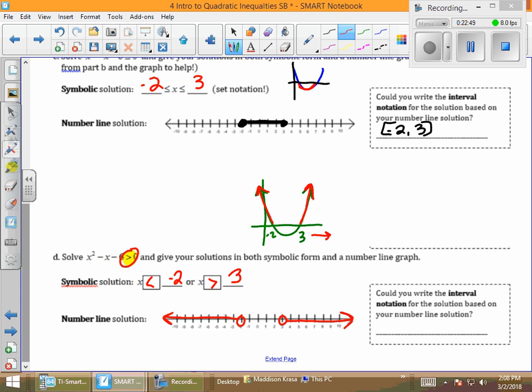Okay, now it gets a little tricky for our interval notation here. If we're talking about x is less than -2, how do we say that in interval notation? How do we write all numbers less than -2?